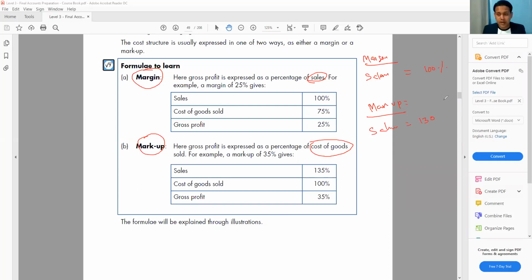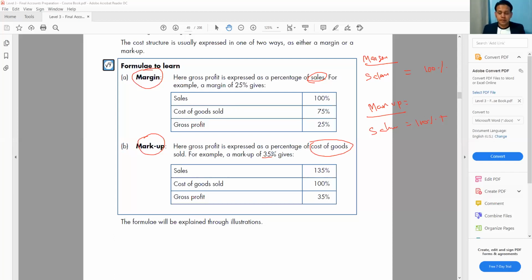It could be 135. If the markup is 20%, then it will be 120%. So that means sales will be more than 100%, so I would say 100% plus. In the exam, if the question says 20%, then our sales will be 120%. If it is 40%, 140%.